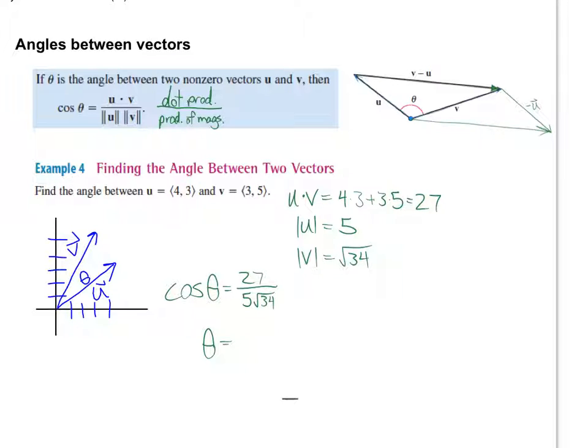Good. What's our inverse cosine of 27 over 5 root 34? Be careful on your calculator that you put parentheses around the 5 root 34. Otherwise, it'll just divide the 27 by 5 and then multiply by the square root of 34. You don't want that.